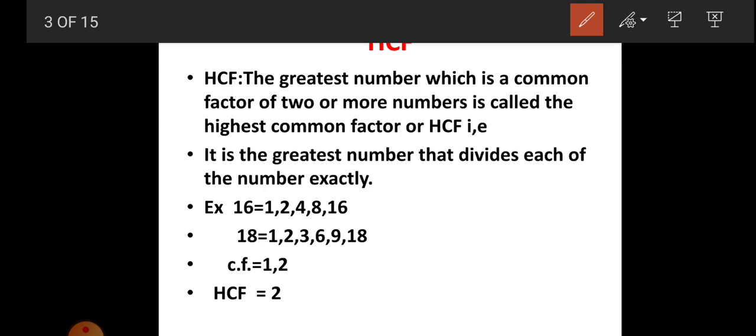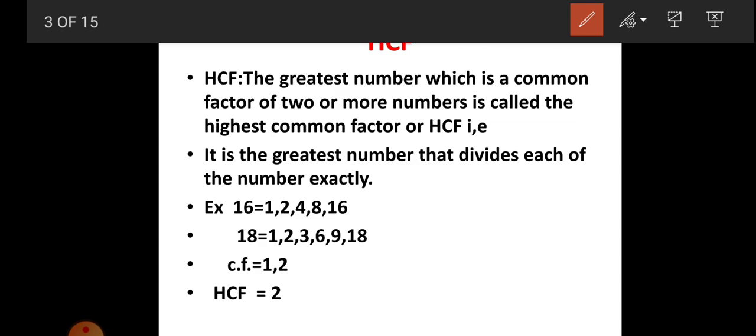For example, the factors of 16 are 1, 2, 4, 8, 16 and the factors of 18 are 1, 2, 3, 6, 9, 18.